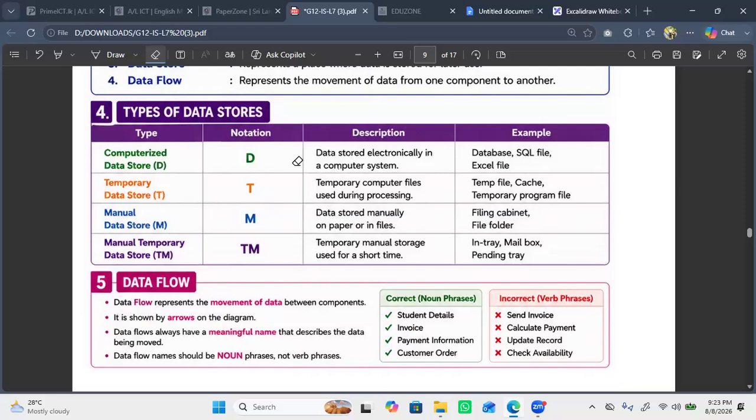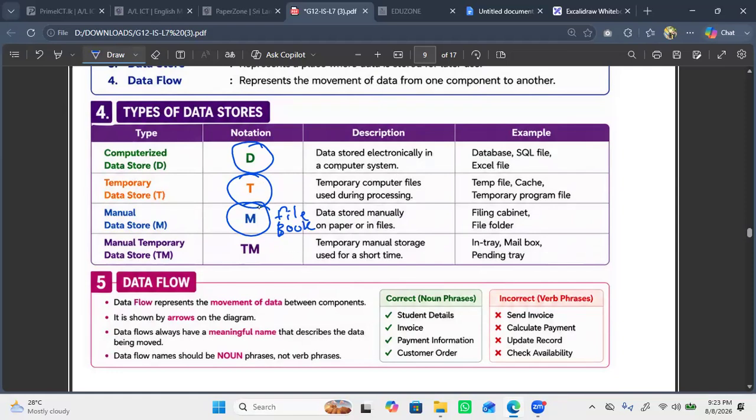Right. Okay. There are several types of data stores that you need to remember. For a computerized data store, you give the letter D. Temporary, letter T. Manual data: if it is manual, that means a written file, a book, something like that, not digital. Then you write the letter M. Manual temporary, you use TM.